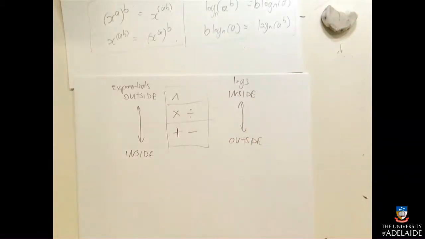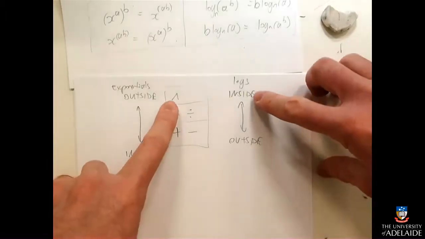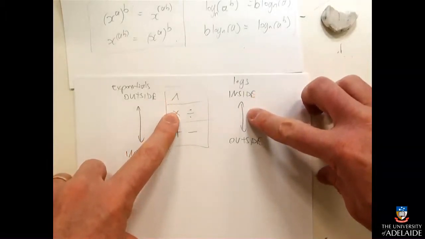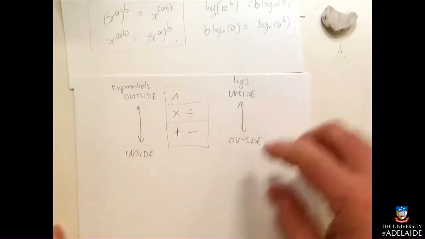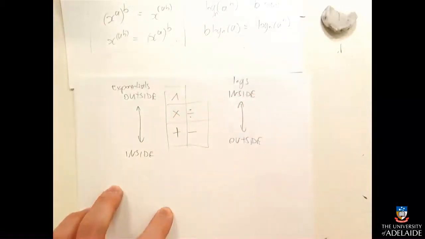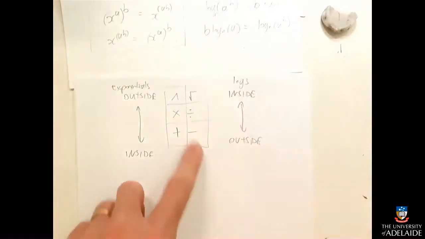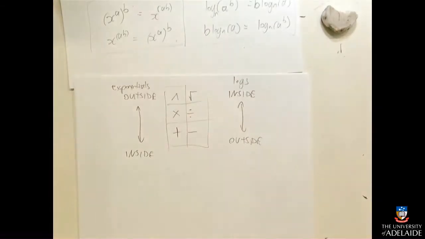And it goes one step. So I know that powers on the inside is multiplication on the outside. I imagine that actually square roots on the inside would be division on the outside. So if I did like the square root, that would be dividing by 2. So this is how I remember it. There you go. I don't know if that helps you, but it might. I find it useful.